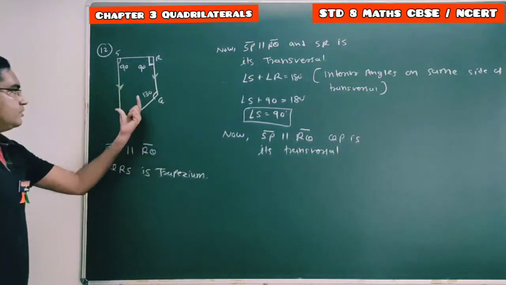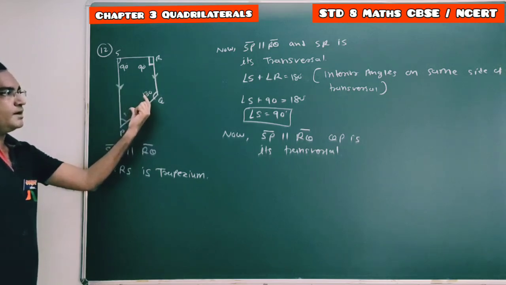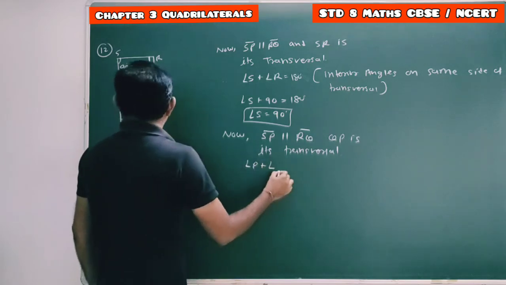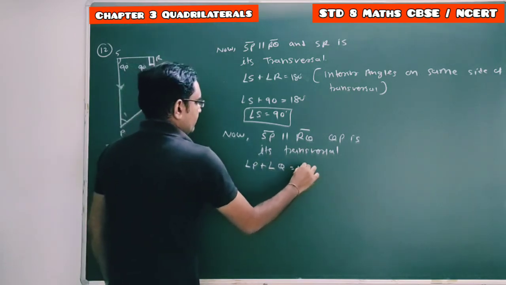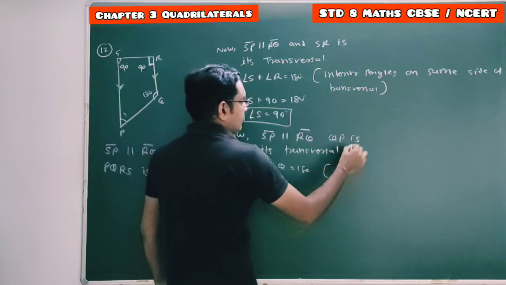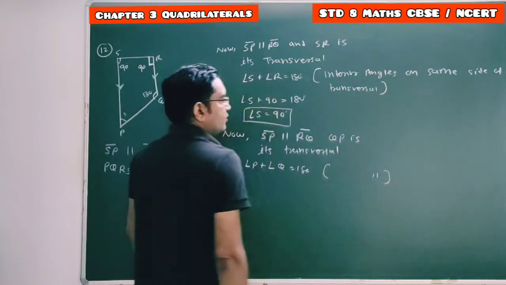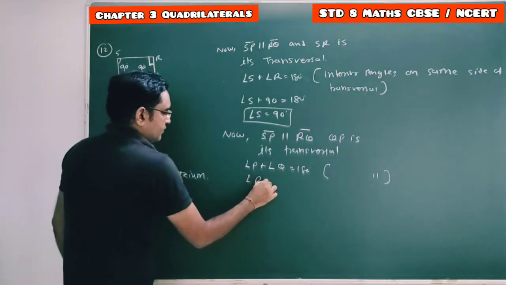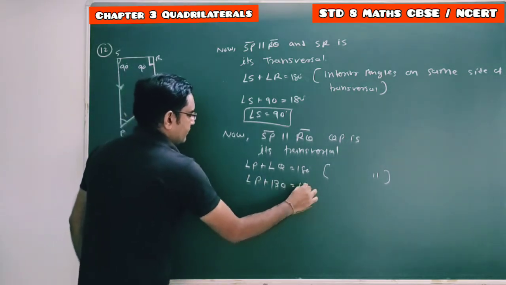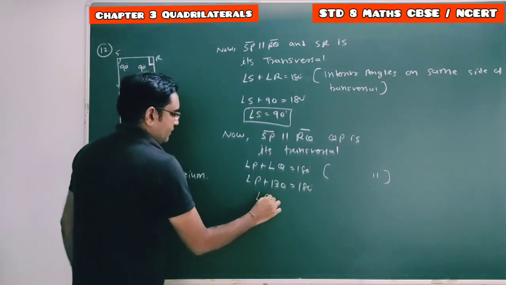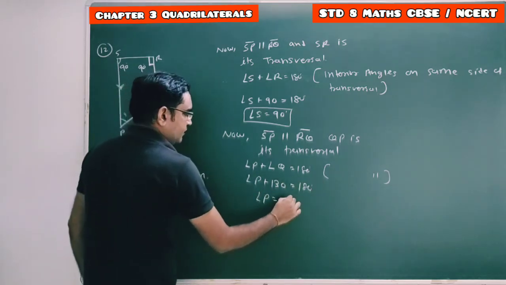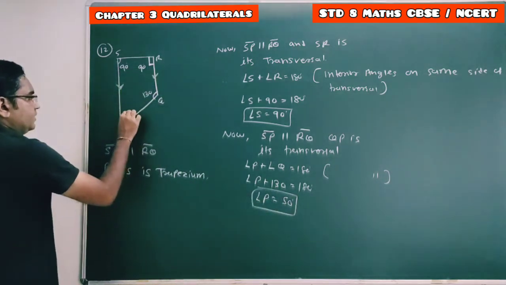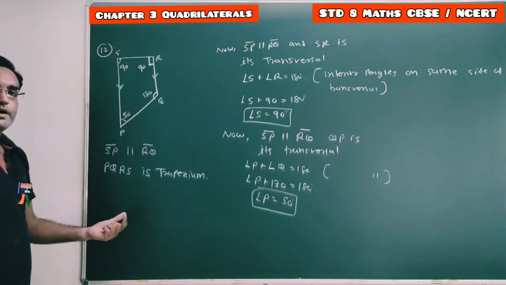So both angles are interior angles on the same side of the transversal. So angle P plus angle Q will be 180 degrees. Same reason, interior angles on the same side of the transversal. The measure of angle Q is 130 degrees, so we get the measure of angle P. The measure of angle P is 180 minus 130, which is equal to 50 degrees. Done? So this is the first part of this question.